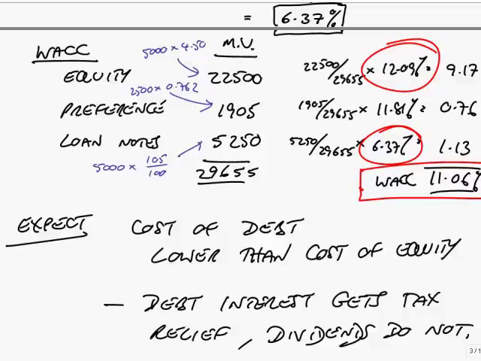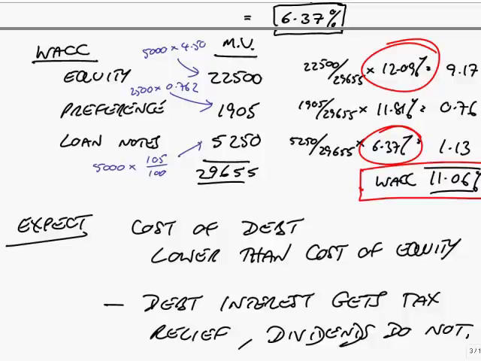Obviously, sorry, I should never say obviously, but I hope you would agree, preference is going to be higher than debt because dividends don't get tax relief again. So that always pulls debt cheaper. But I said before, even if there wasn't tax relief, perhaps debt wants 9 or something. Why is preference between the two? I'll tell you, I don't know how much you remember of law, and I doubt he'd ask about preference.